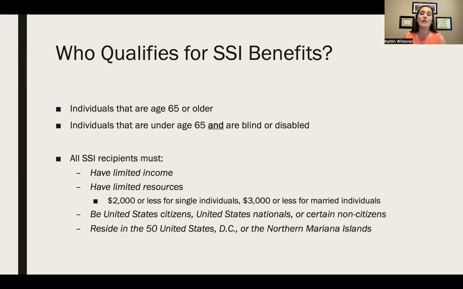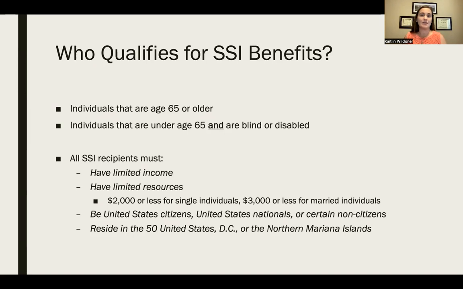So who qualifies for SSI benefits? If you're 65 or older, and if your SS retirement is not at the minimum amount and you would still qualify for SSI, you can qualify for SSI. The cases that we focus on are individuals that are under age 65 and are blind or disabled. So we don't focus on the SSI retirement application, but we do the SSI disability.